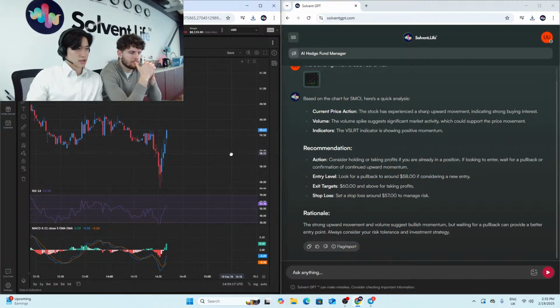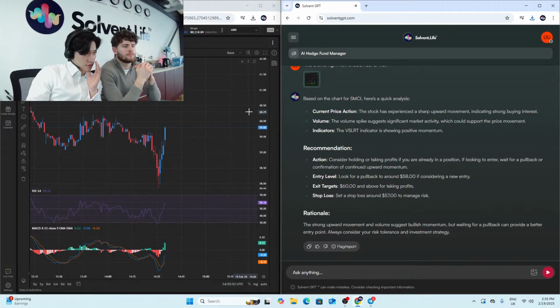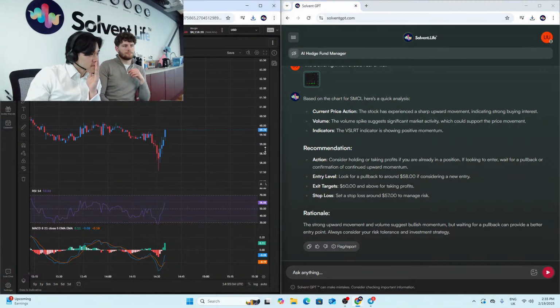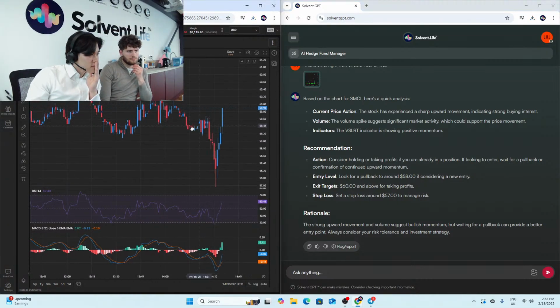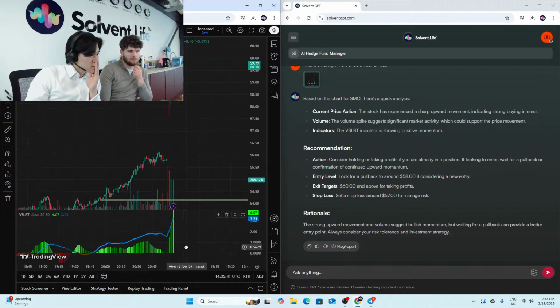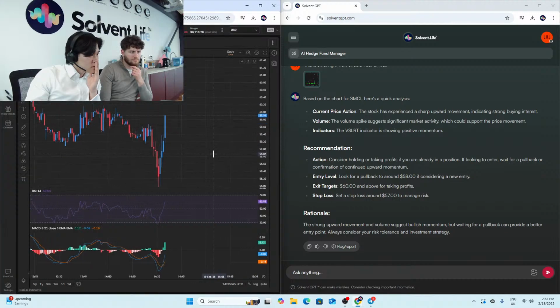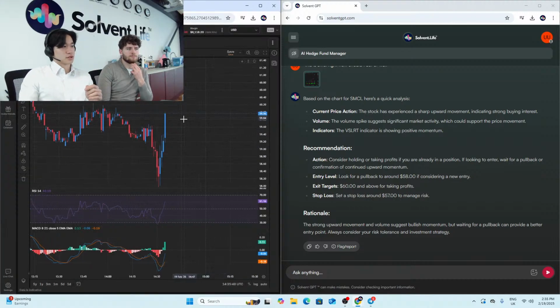For a pullback at around $58. I mean, $60 and above for taking profits. So we're late to this one, but there could be a reversal here. It's about to push past 60.